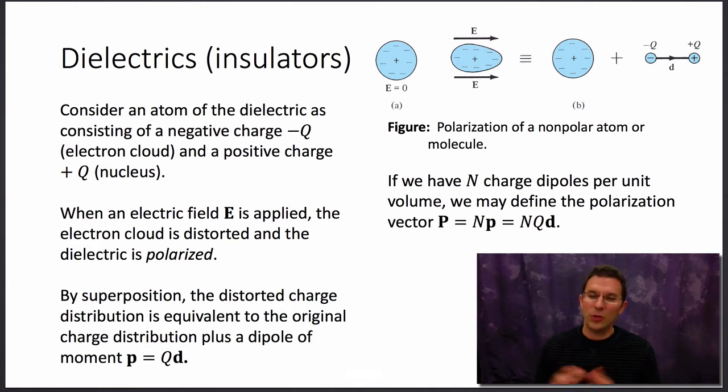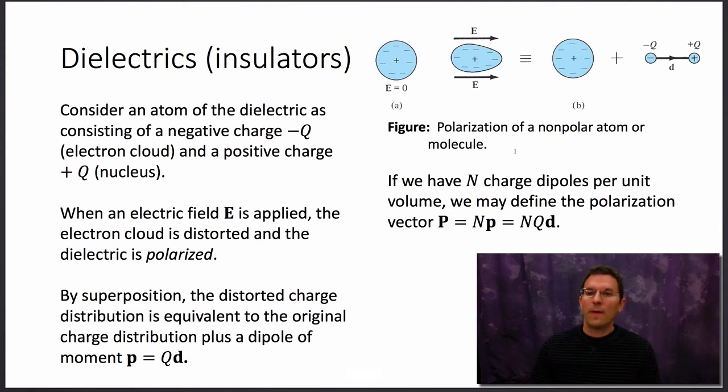Okay, so usually a dielectric consists of many billions and billions of atoms, so we don't want to just work with one like we would here with small p. So usually to work with a practical material in macroscopic electromagnetics, which is what we're doing in this course, we have to define again a sort of number density capital N, which is the number of dipoles per unit volume. Again, if your material is more densely packed with atoms, other things being equal, your polarization vector will be larger.